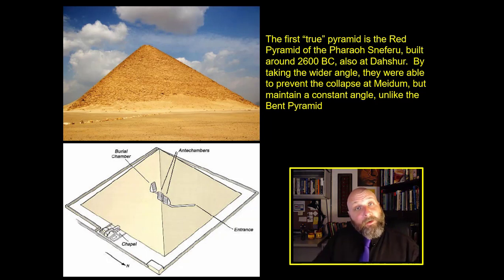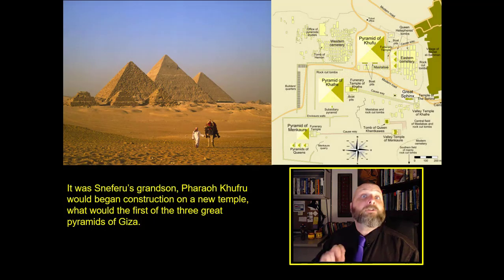So you have this sequence of pyramids. We have the step pyramid, we have the failed pyramid, we have the bent pyramid, and here we have the red pyramid, because the next set of pyramids that are about to be constructed are the Great Pyramids themselves.